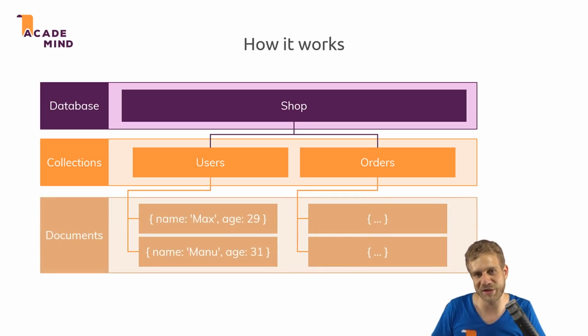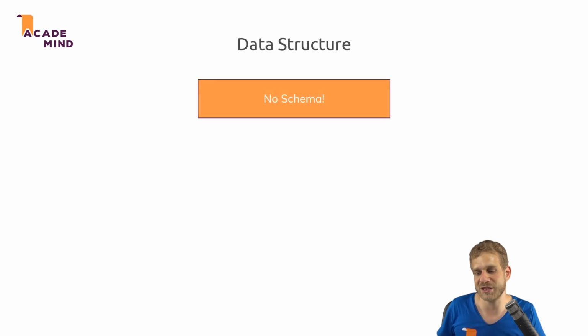Documents now look a bit different. They are basically the rows in your table, you could say, but not only do they look a bit like JSON here, the really interesting thing is that they don't have to use the same schema. You can have multiple documents in one collection which have different fields. So you might have a different structure in there. There is no schema implied on you.